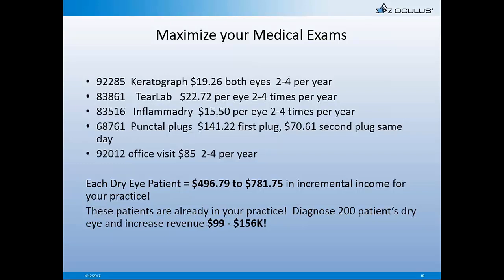And then, of course, I'm sure you're all familiar with the punctal plugs and what's available from a reimbursement on that. The 92012 codes for the office visits, I've always asked each doctor I work with, what's your office visit reimbursement, and 85 is kind of an average, which is why I put that on here. This is extremely important. That's why I talk about the JENVIS report.